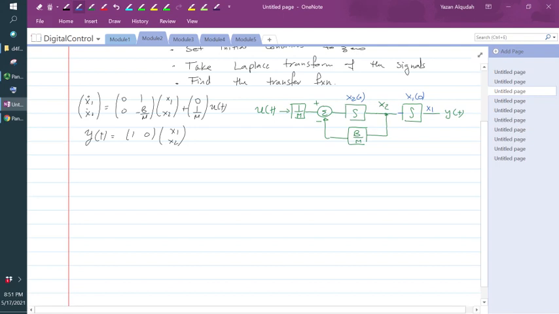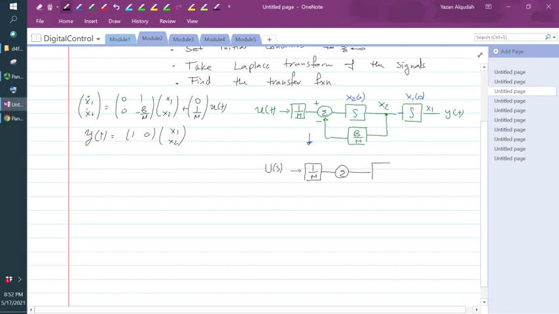Okay, so following the procedure that we just laid out, I'm going to set the initial conditions to 0 and take the Laplace transform. U of t is going to give me u of s. This is a constant, so it's going to stay a constant. And then I have an adder.